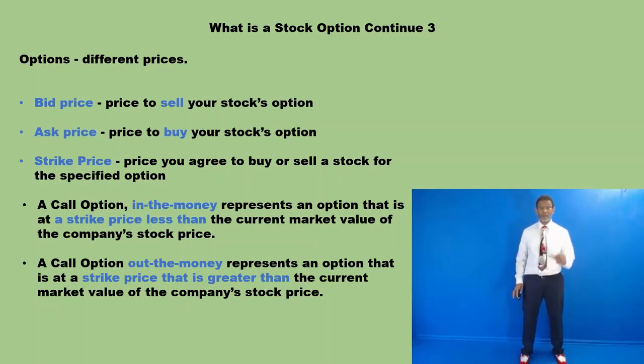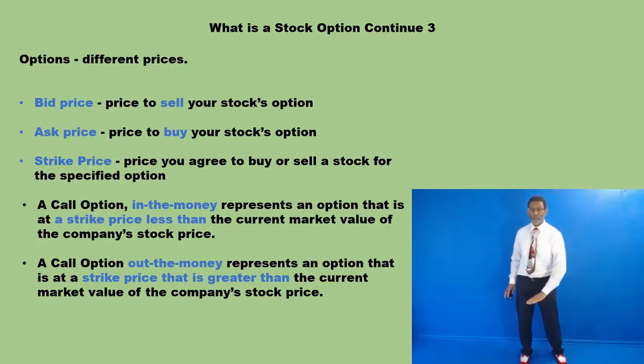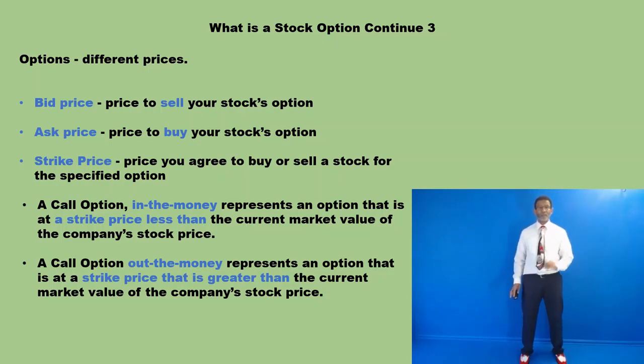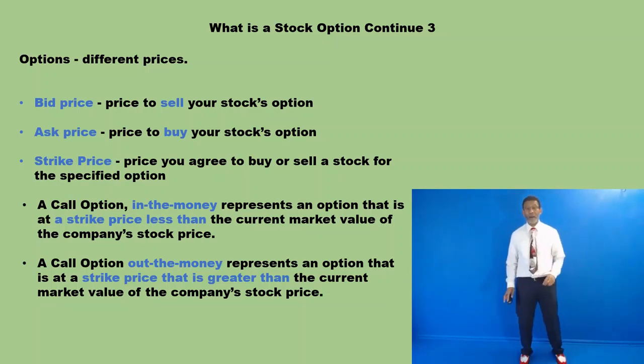So if it's out of the money, it's higher than the current value of the stock. If it's in the money, it's lower than the current value of the stock. If you're going to sell options, you're selling at the bid price. If you're going to buy the option, you're buying at the ask price.